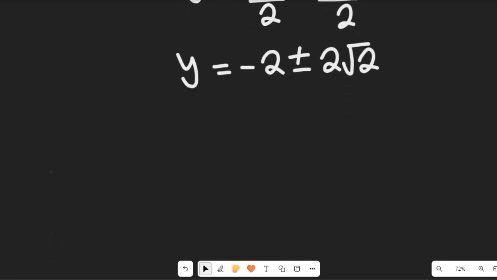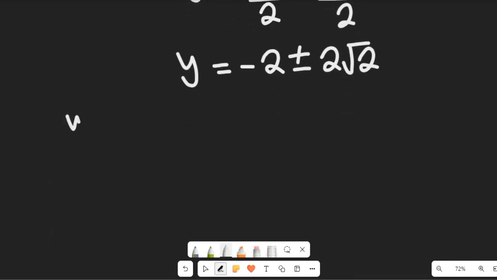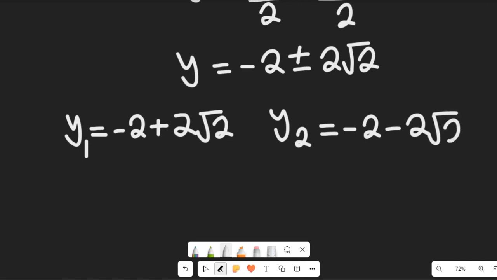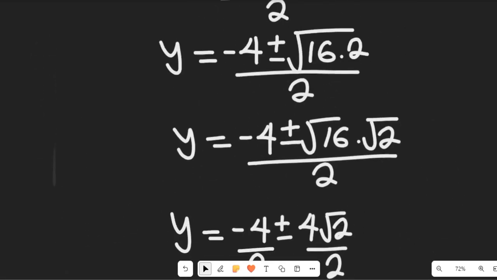So the value of y will be equal to negative 2 plus 2 root 2. We take this as our y1, while our y2 will be equal to negative 2 minus 2 root 2. So these are the solutions for y.